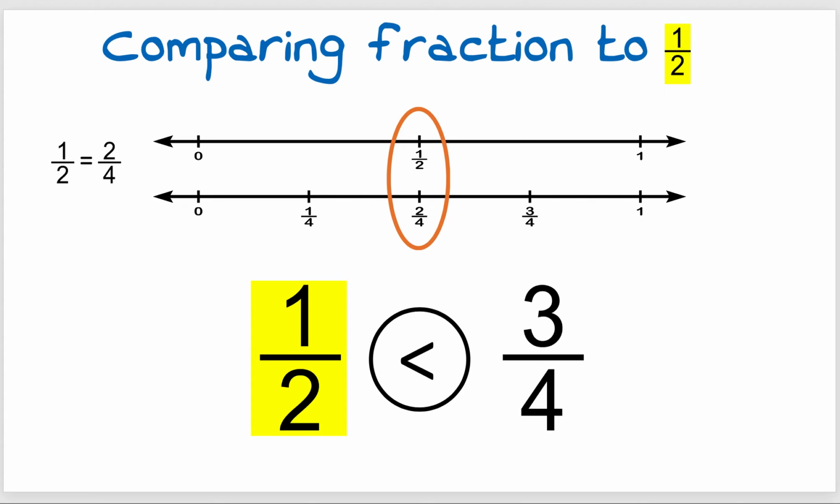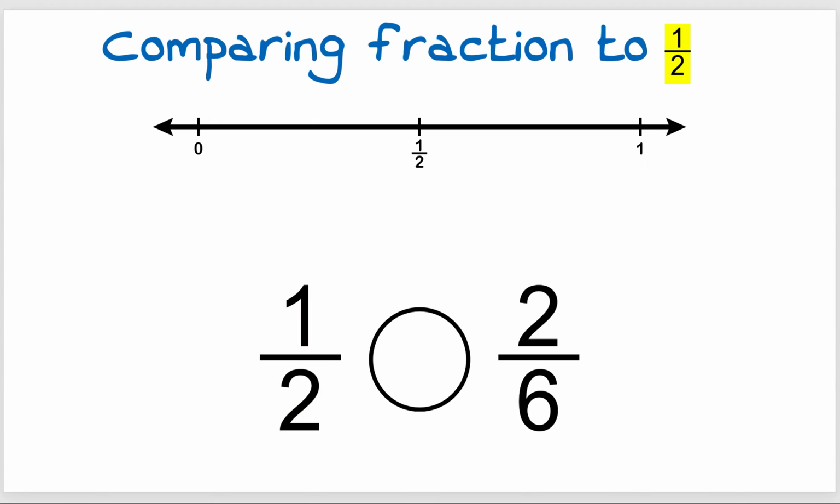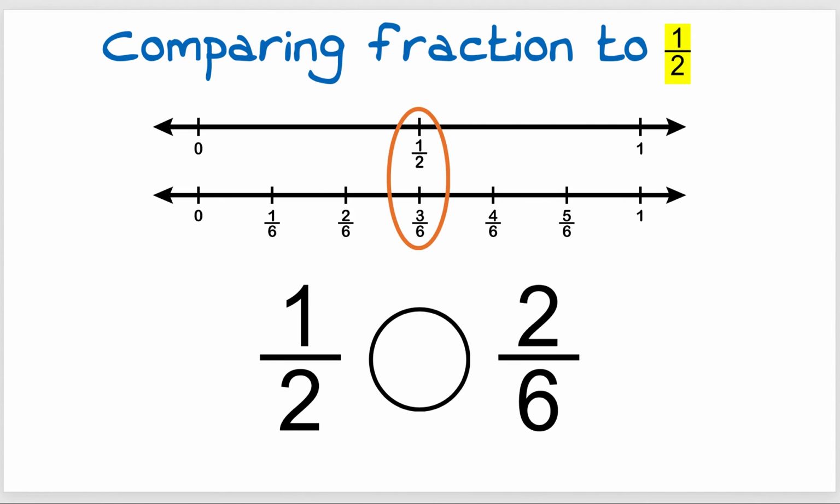Let's look at this with another set of fractions. This time I have 1/2 and 2/6. I'm going to add my 6th number line, and I notice that 1/2 and 3/6 are the same. They're equivalent to each other.